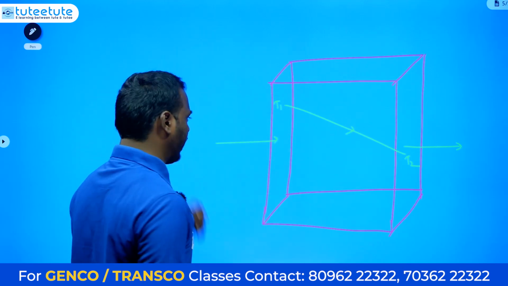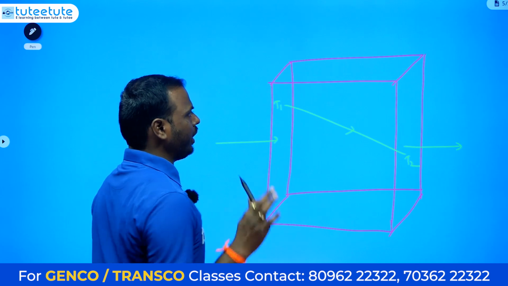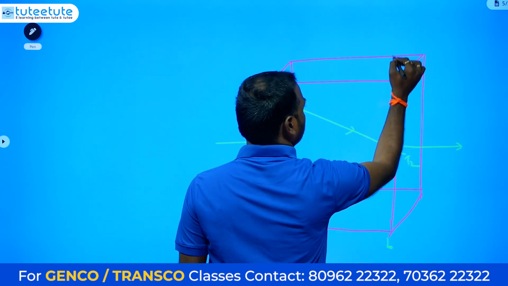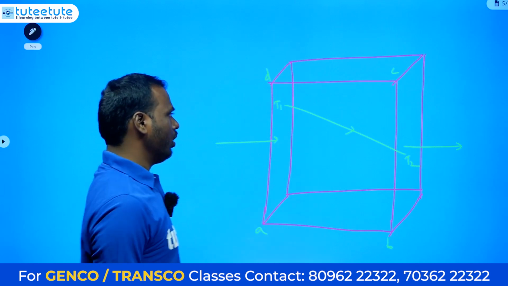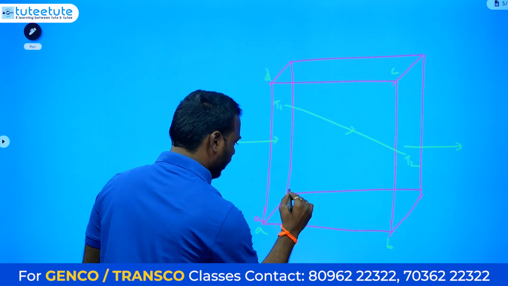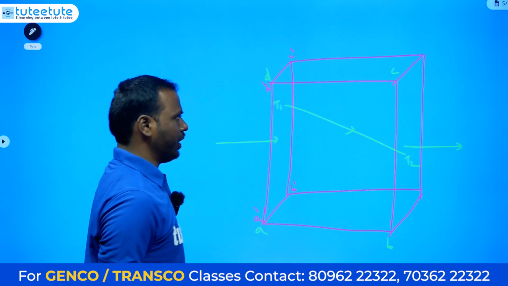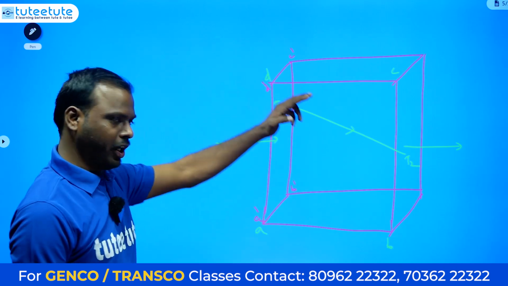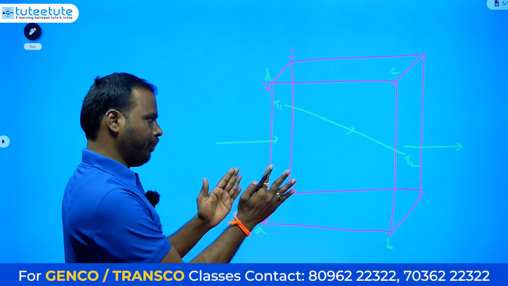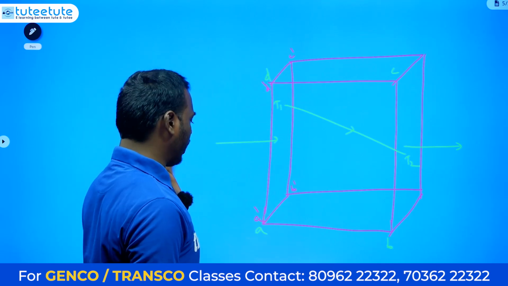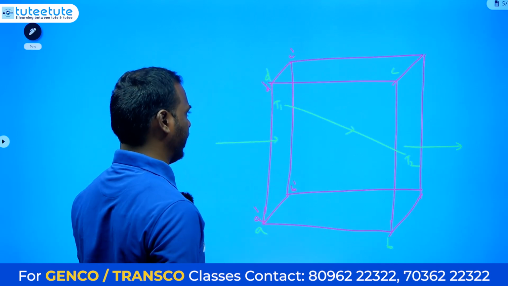Here, if you look at this, there will be two areas. Suppose I am taking ABCD as one area, and another area is A'B'C'D'. There are two areas. ABCD is the front side, and if you look at the side view, we get A'B'C'D'.